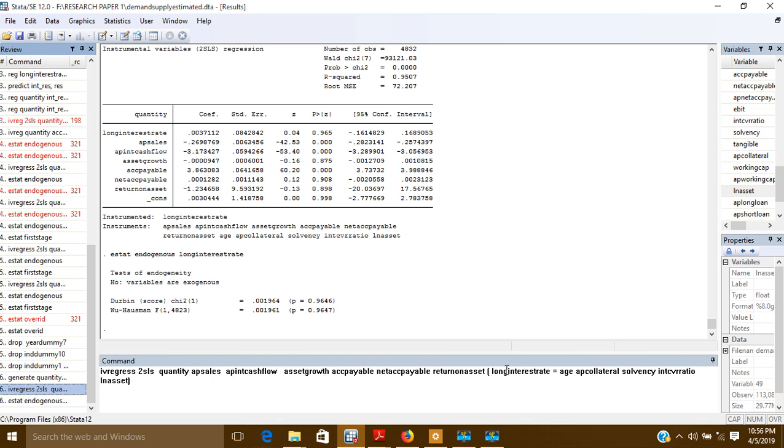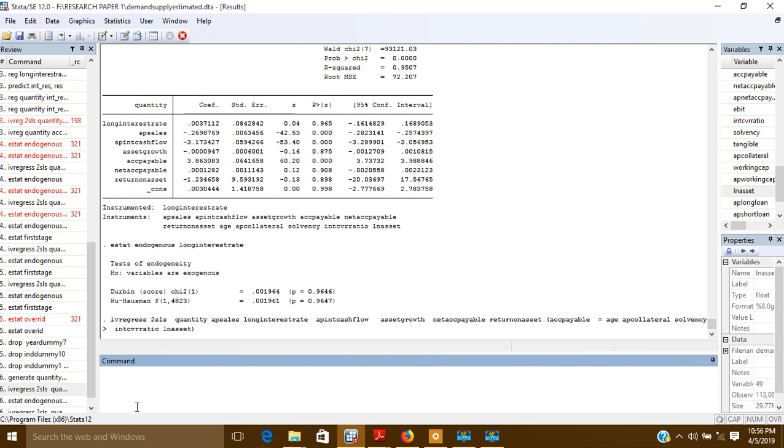Here you put the long interest rate, and put the account payable here, because now we want to check for the endogeneity of this variable.